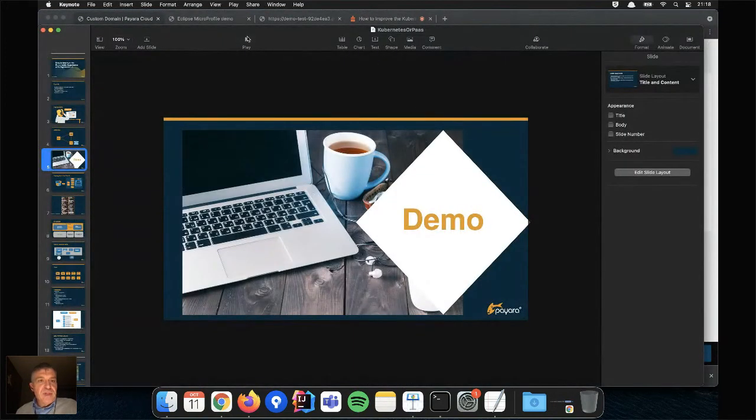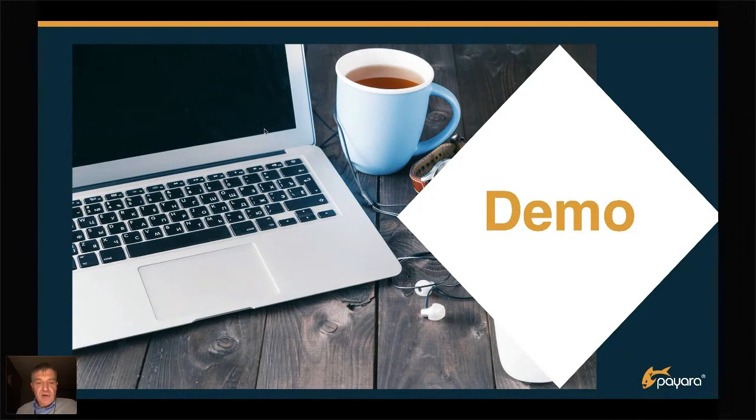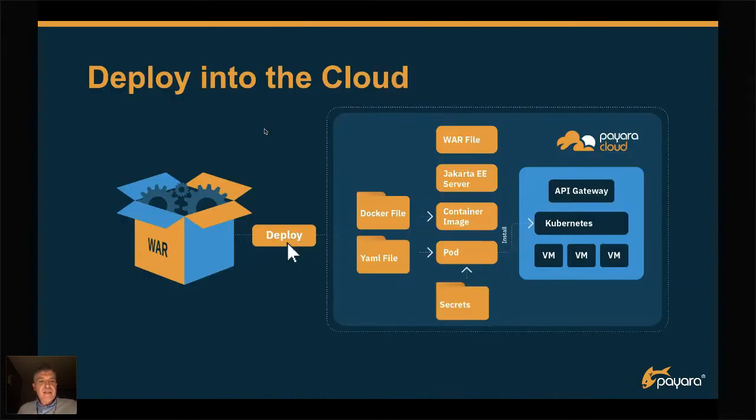So that was a quick demo of what Payara Cloud can do, but the idea is that, again, like the good old days, you just have a WAR file, you click deploy, and your application is up and running. But now in the cloud with all the advantages of Kubernetes, of a cloud provider, etc.